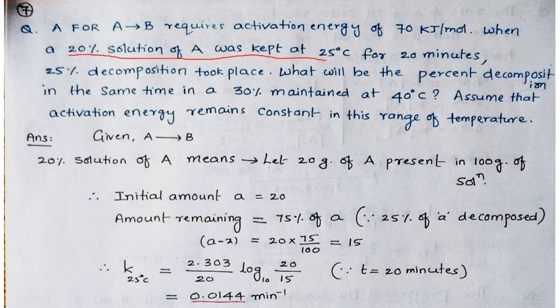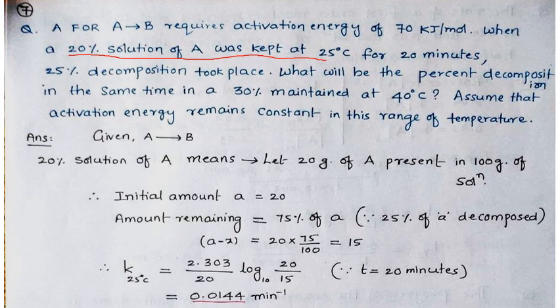In that 100 gram, 20 gram of A is present. So what is the A value here? A equal to 20.